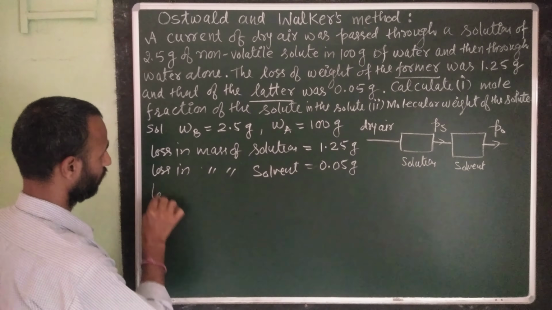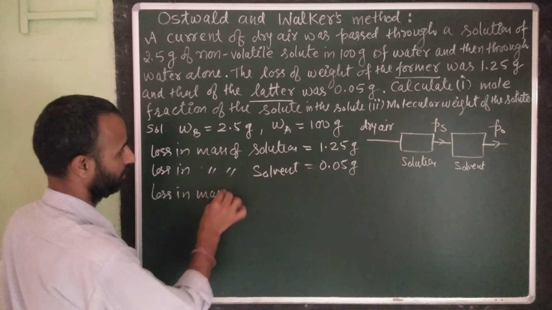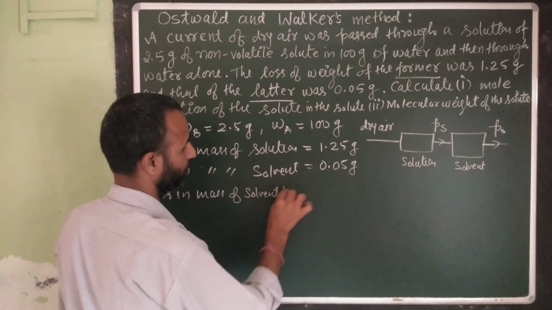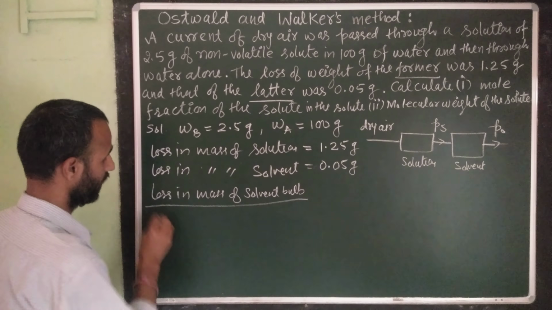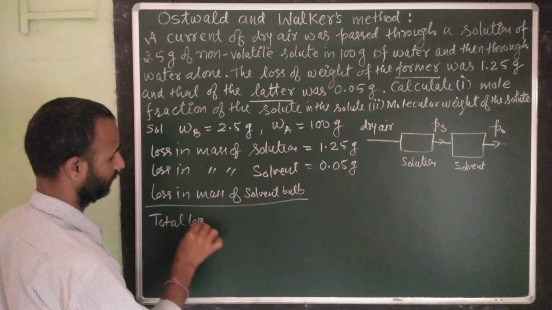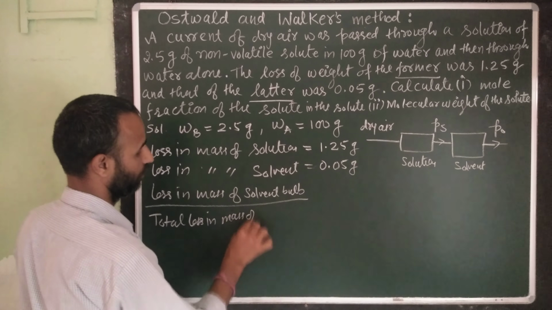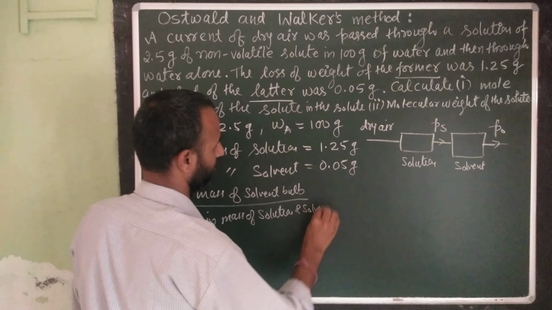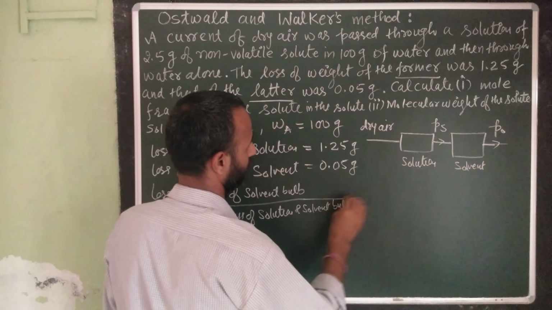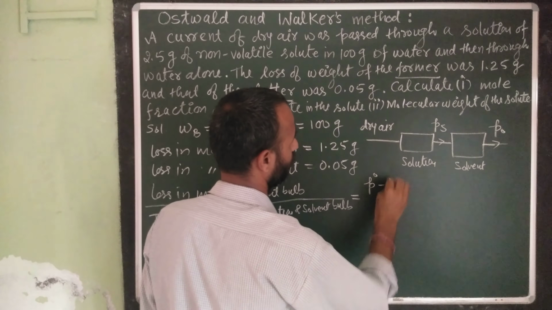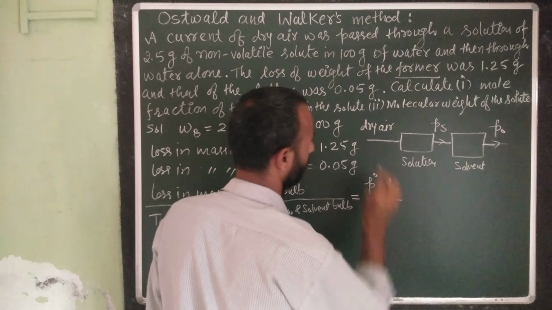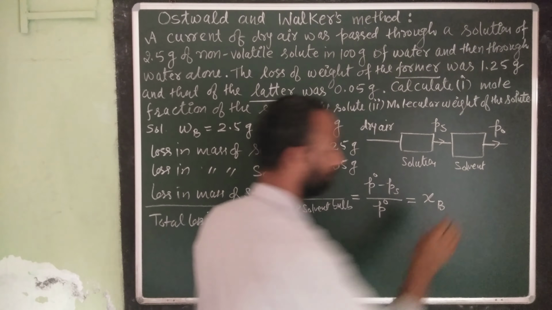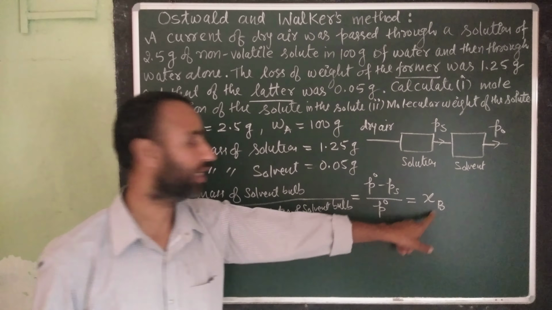Loss in mass of solvent bulb divided by total loss in mass of solution and solvent bulb is equal to P naught minus PS over P naught, and that is equal to mole fraction according to relative lowering of vapor pressure.